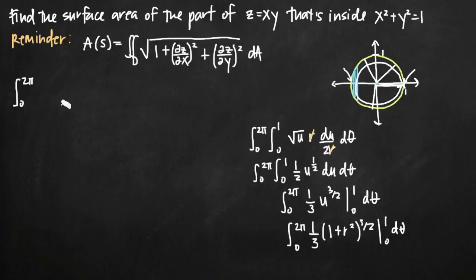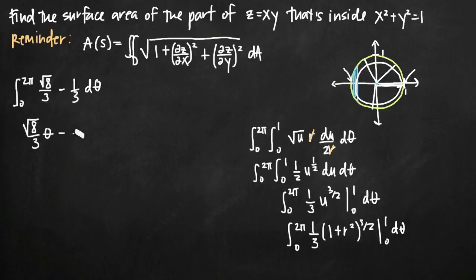Square root of 8 times 1/3 is just going to be root 8 over 3 when we plug in 1. When we plug in 0, we'll get 0 squared here is 0, 1 plus 0 is 1. 1 raised to the 3/2 is still just 1, times 1/3 is just 1/3, so we get minus 1/3, and then d theta.